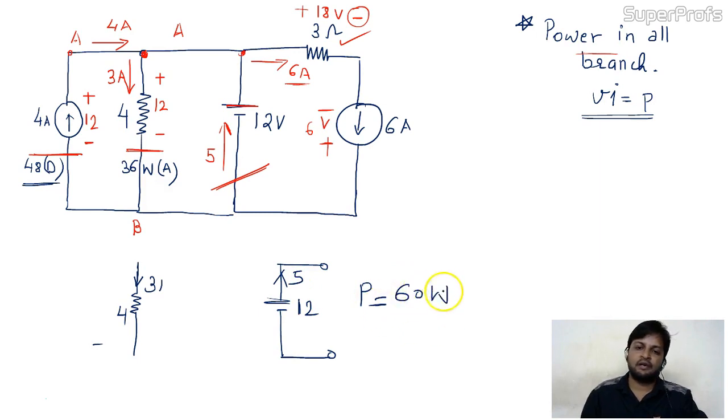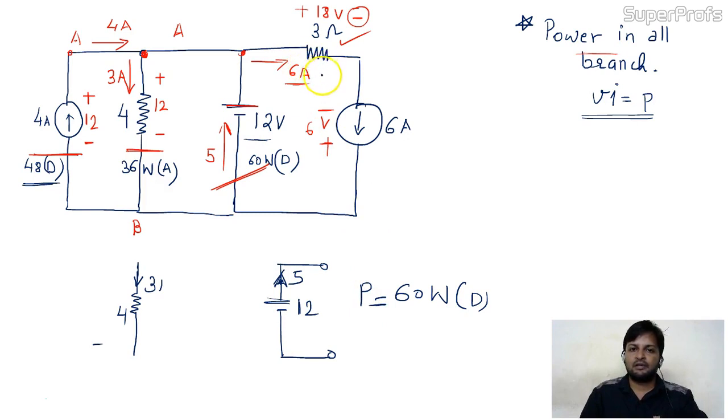But what about the power delivered or absorbed? I told you the direction of current from the source is outward. This current is the outgoing current, which means this source is delivering the current to the circuit. It means it's delivering the energy to the circuit. So it always delivers power. So the power over here is 60 watt, delivered power. I hope this one is also clear.